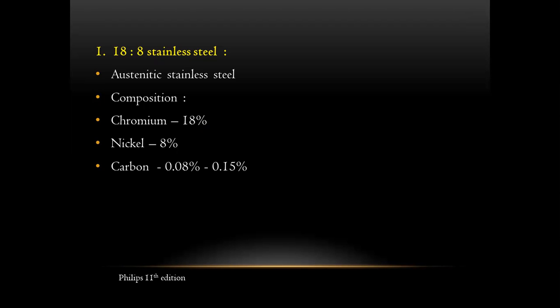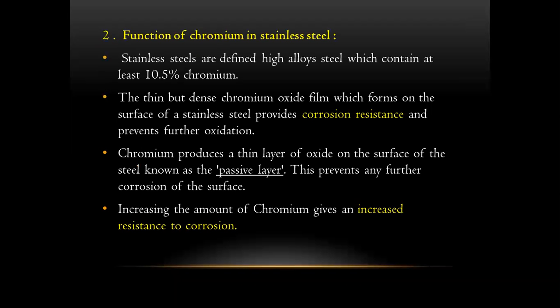I hope it's clear. Now moving to the next question. The next question was about the function of chromium in stainless steel. Stainless steels are high alloy steels which contain at least 10.5% chromium. A thin dense layer of chromium oxide is formed on the stainless steel, which provides corrosion resistance and prevents further oxidation of steel.